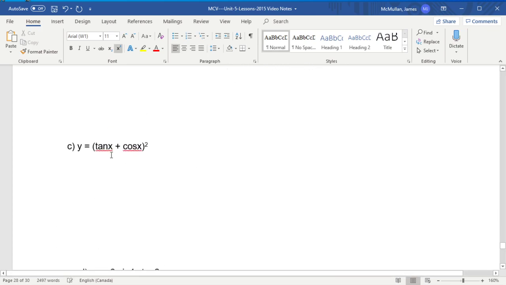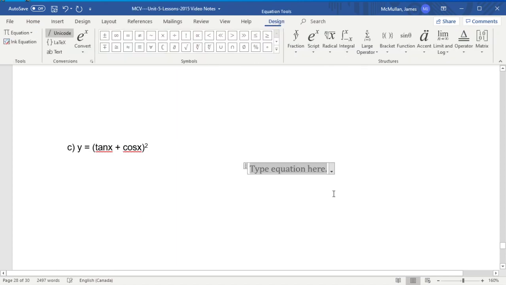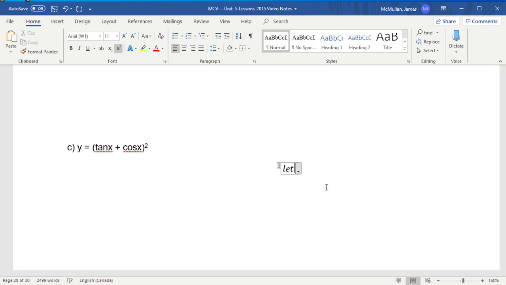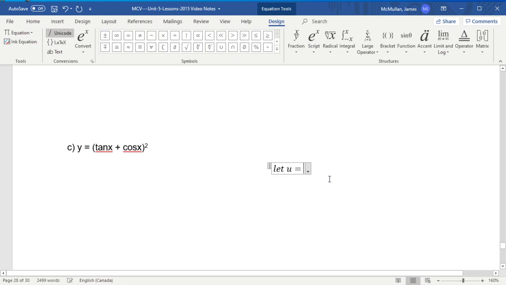Okay, this one. The outside function, so we're going to let u be the inside function. So what's the inside function here? Let u equal tan x plus cos x. y, therefore, is just equal to u squared.